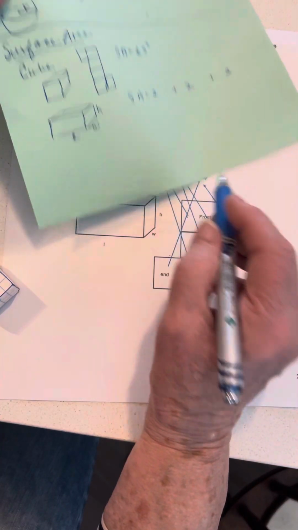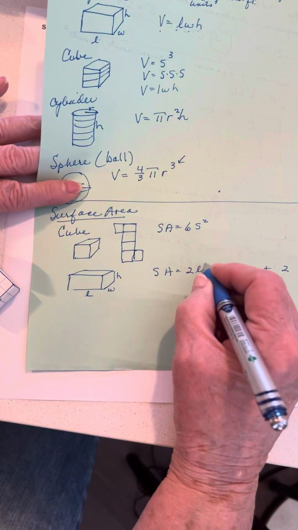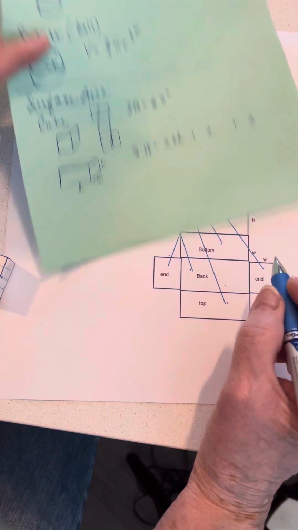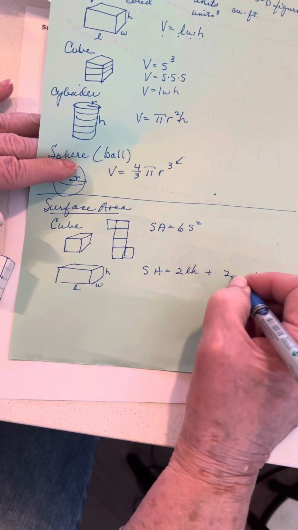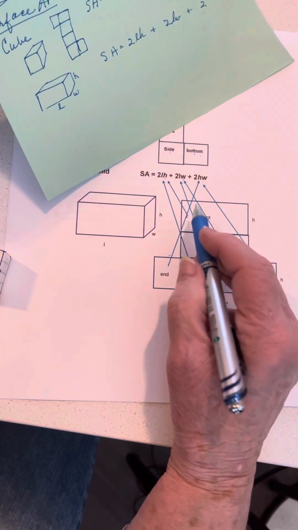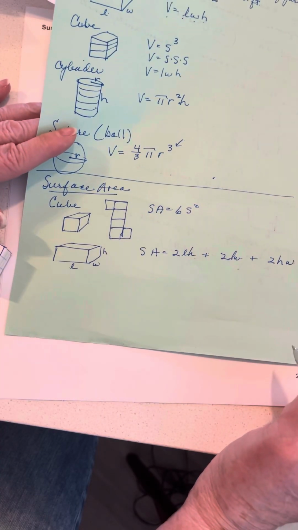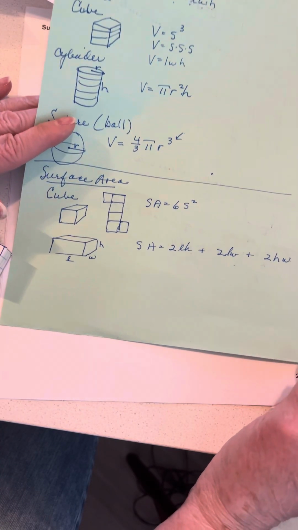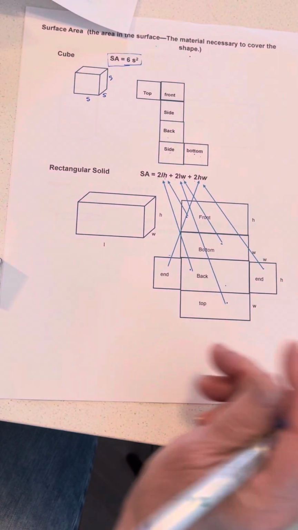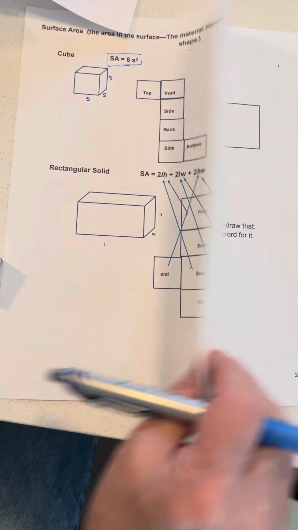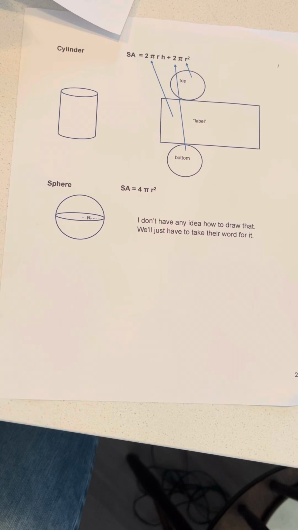And they just give them in this order. Length times the height. That way you won't miss anything. Length times the width. And height times the width. We have 2 more to look at.